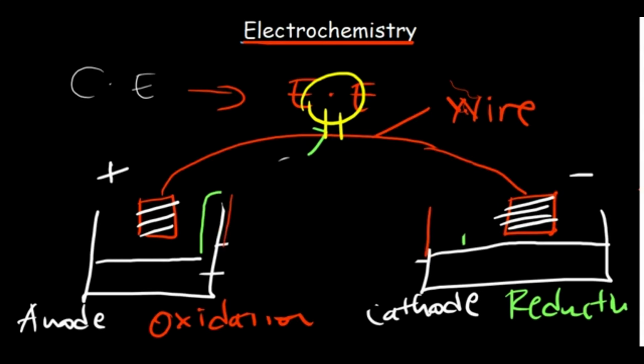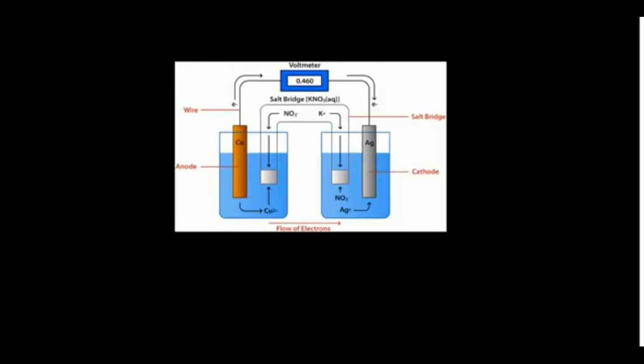So electrons basically will be depleted on one side. Okay, so electrons will stop flowing from the anode to the cathode because there is no balance of charges in the solutions. Yeah, so that's why if you bring in a salt bridge, it will not go off and it will continuously be on. Okay, so this is the setup of a galvanic cell that we're talking about.